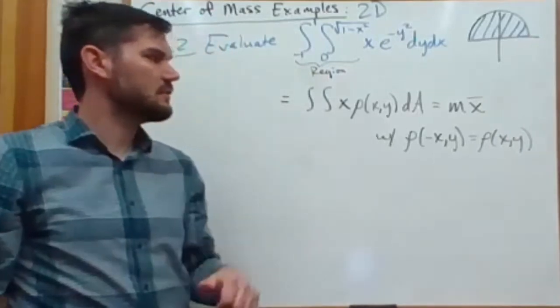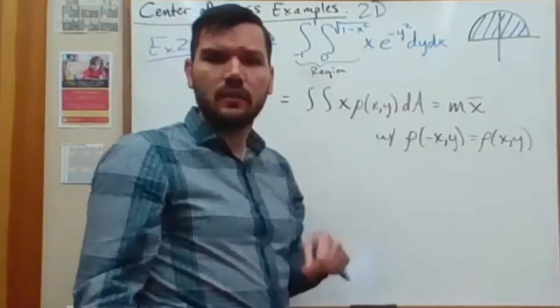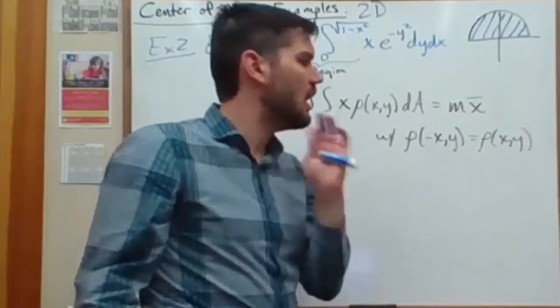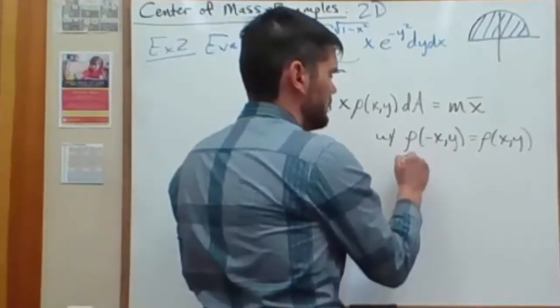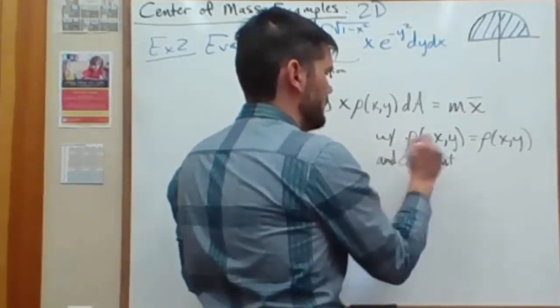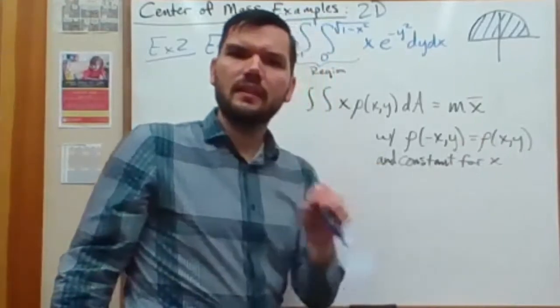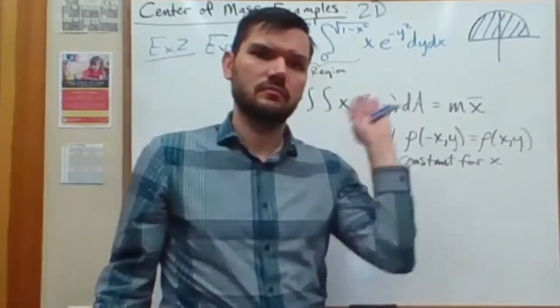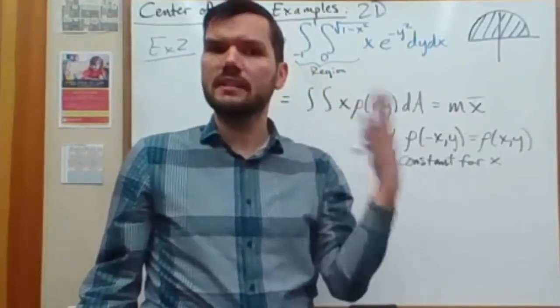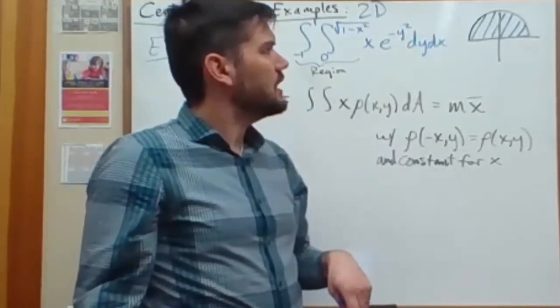is even in the x direction, because the density function is e to the negative y squared. It doesn't change. It's actually constant. So we can think of this in the x direction as having a constant density. And so we look at our shape.